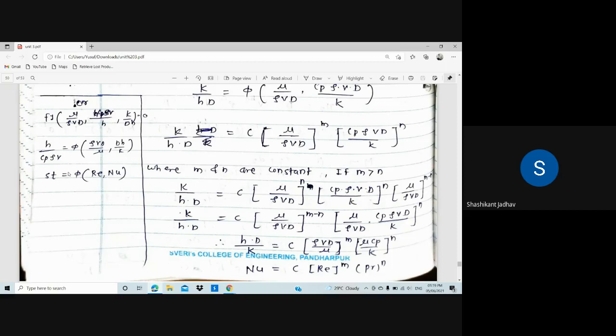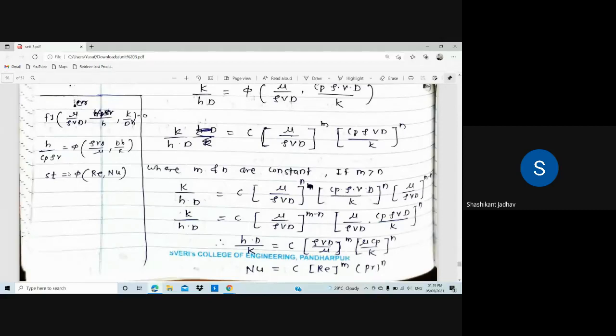Okay, and hd by k is nothing but Nusselt number, and rho Vd by mu is nothing but Reynolds number, and mu Cp by K is nothing but Prandtl number. So for forced convection, this is the relation between the Nusselt number and Reynolds and Prandtl number: Nusselt number is equal to constant into Reynolds number raised to m and Prandtl number raised to n.